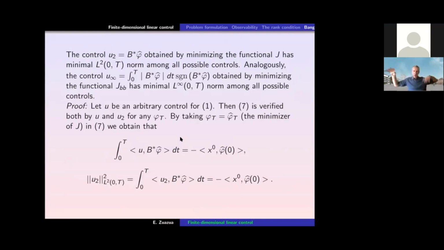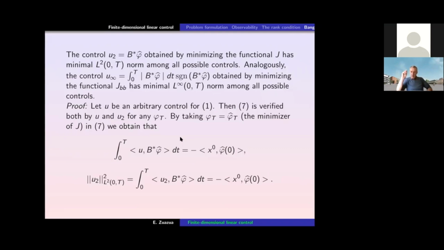Actuators and sensors are both relevant parts of a control system. The second property was that the characterization of the control as minimizer of a functional is great because this allows you to build computational algorithms to compute the control, right?